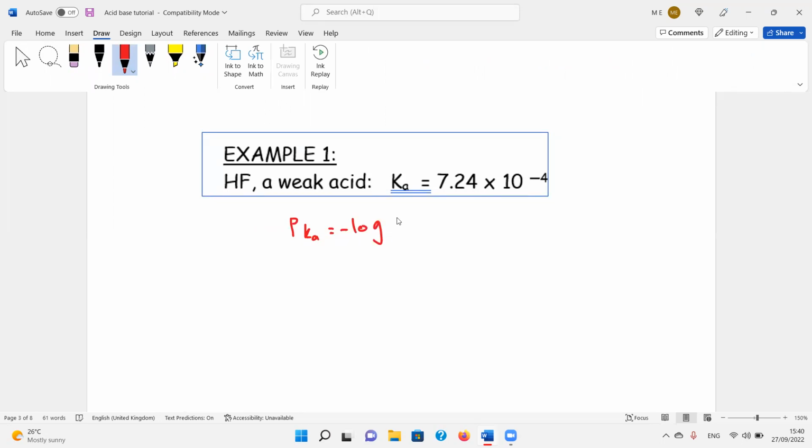And Ka here is 7.24 times 10 to the power of minus 4. And then you will get the value of this number.